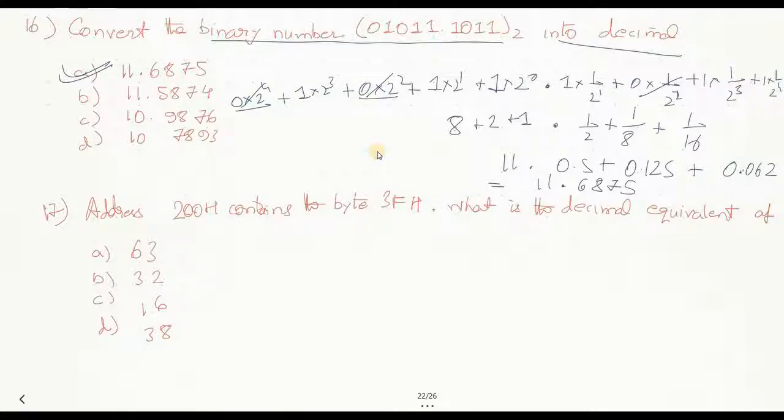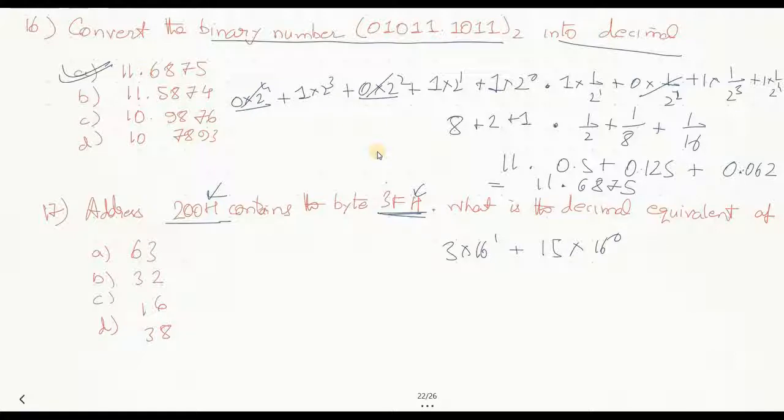Okay, so the next question: address 200H, H means hexadecimal, contains the byte 3FH. What is the decimal equivalent of 3FH? So we'll use the positional value: 3 into 16 to the power 1 plus F, which means 15, into 16 to the power 0.